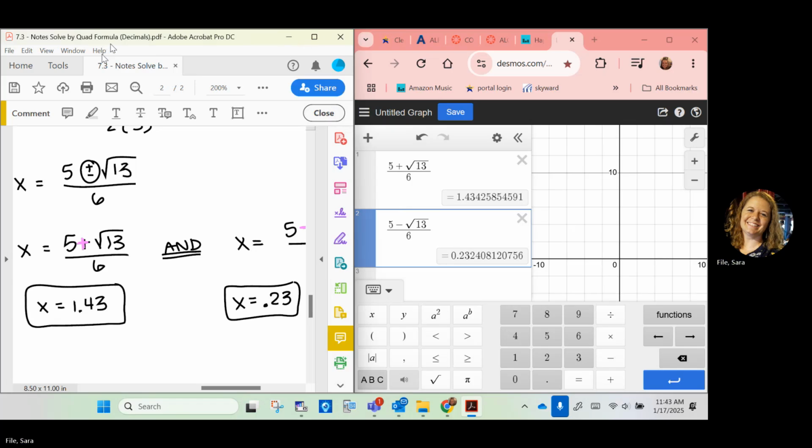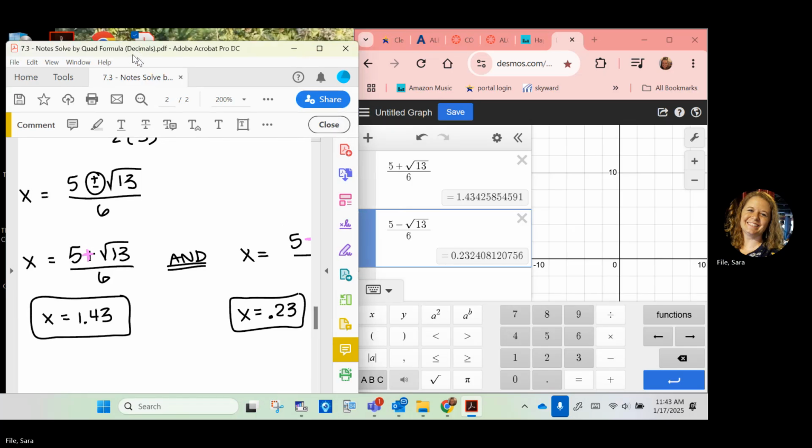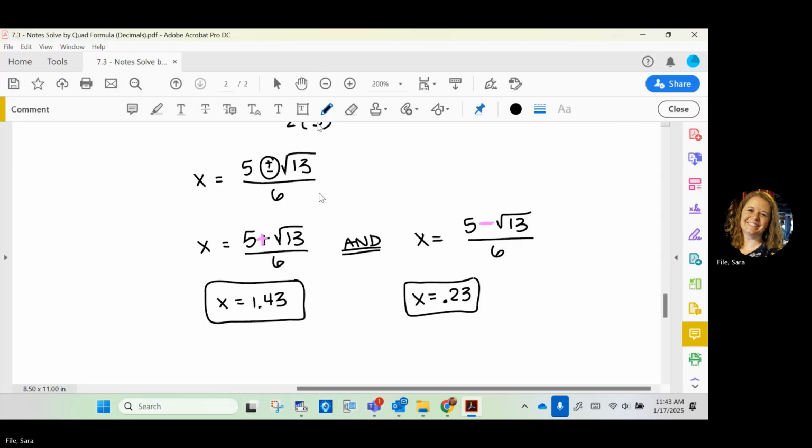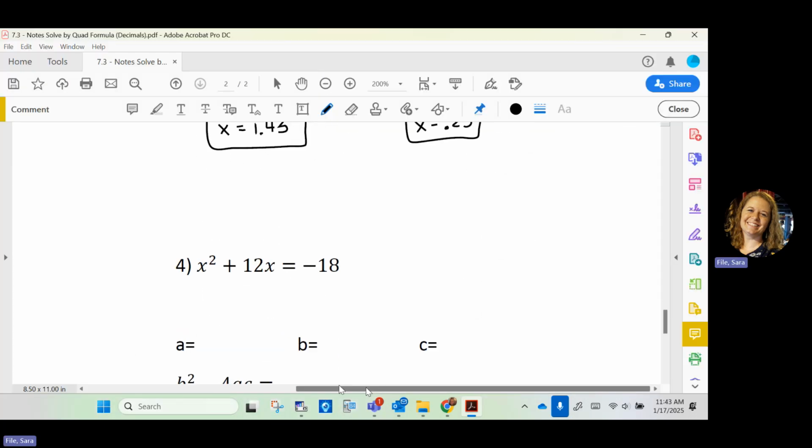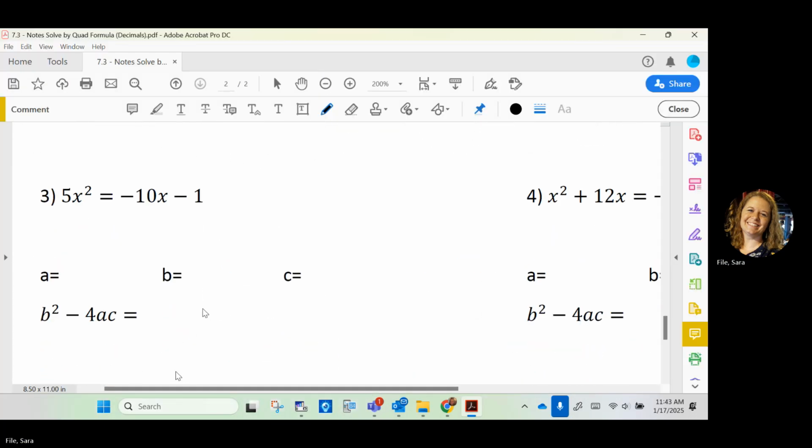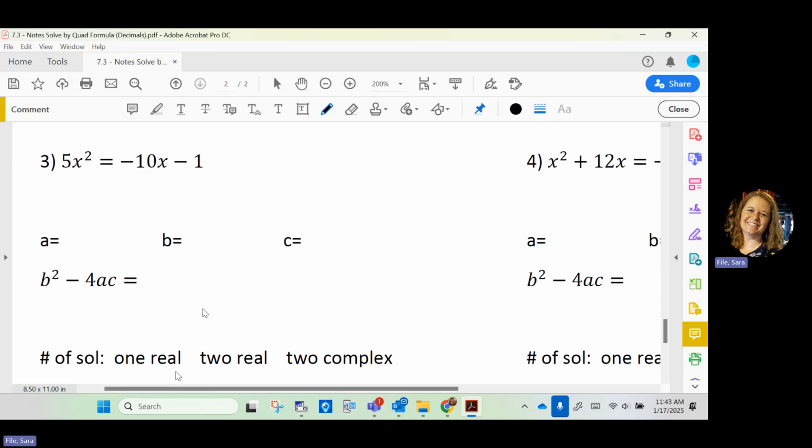Okay. Check the next one. All right, here we go again. Same as on 7.2. We got a couple of examples that are not in standard form yet. So I need these to be set equal to 0 so I can identify A, B, and C correctly with the correct signs.